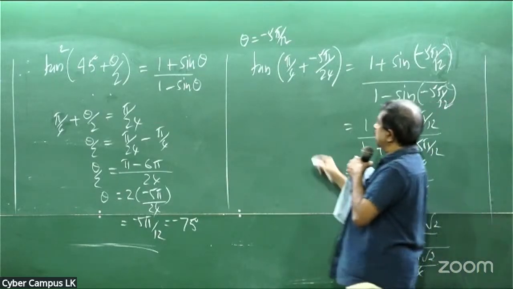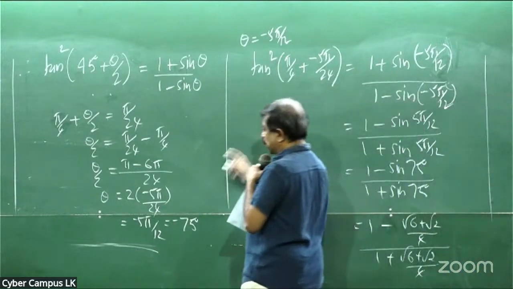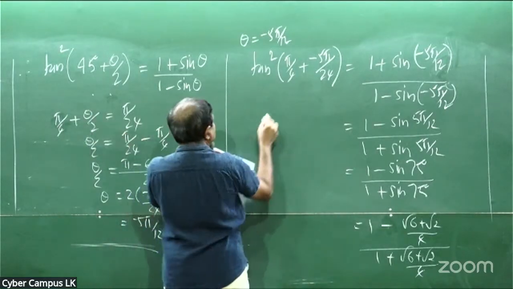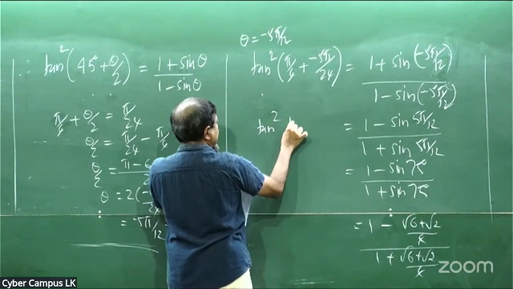This tan squared angle will be pi by 24, that is pi by 4 plus theta over 2.